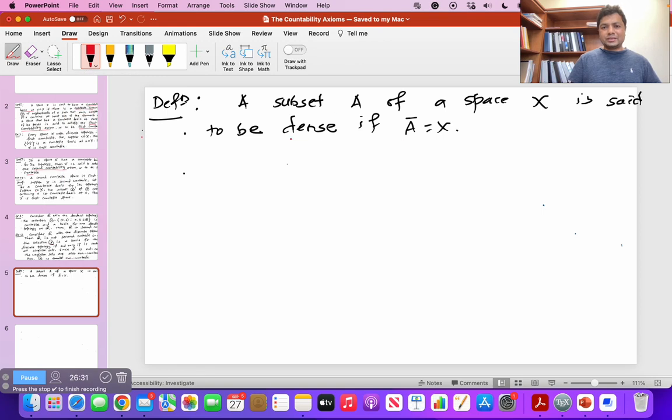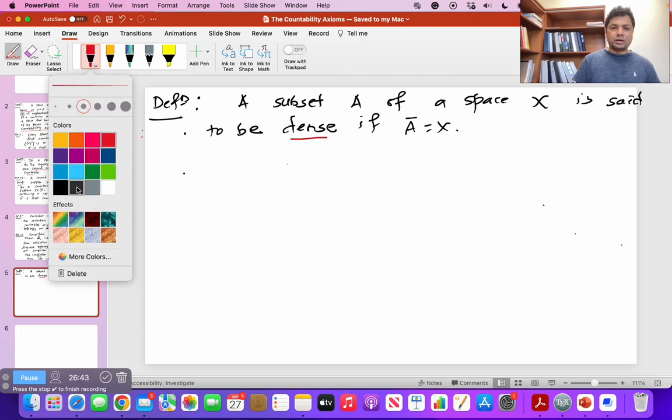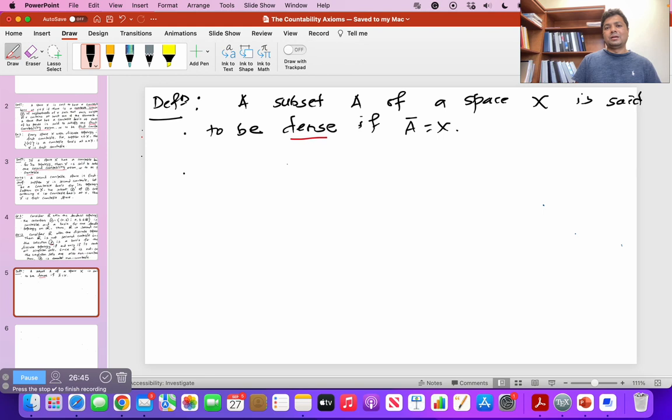If A is a subset of a topological space, and the closure of that subset is the whole topological space, then that subset is called dense. It's said to be dense in X.